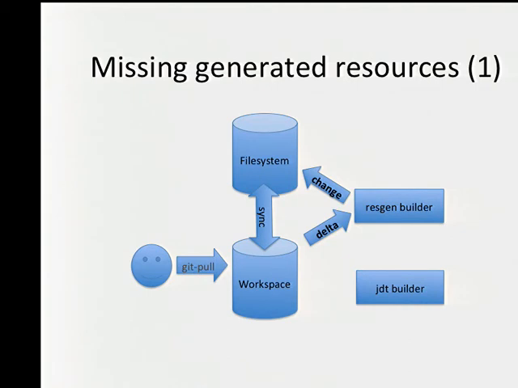It took us a very long time to figure out what was actually happening. And what was happening? So the user makes the change, right? And originally the workspace and file system are in sync. So m2e would invoke some resource generation builder, which is another wrapper around a Maven plugin. But instead of making modifications through Eclipse Workspace APIs, this builder would go and make changes directly on the file system. Right?